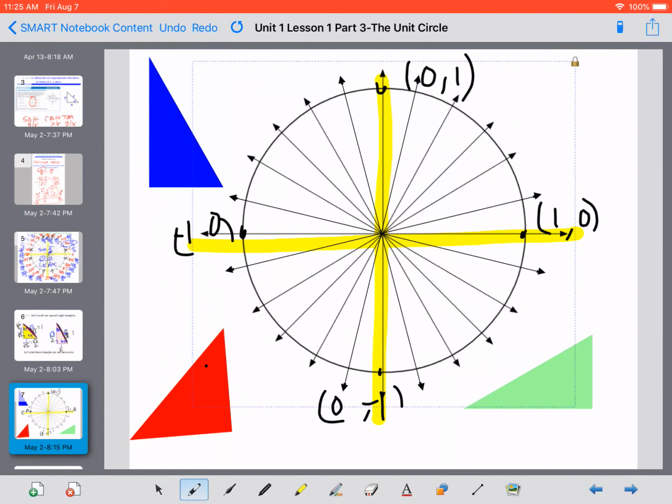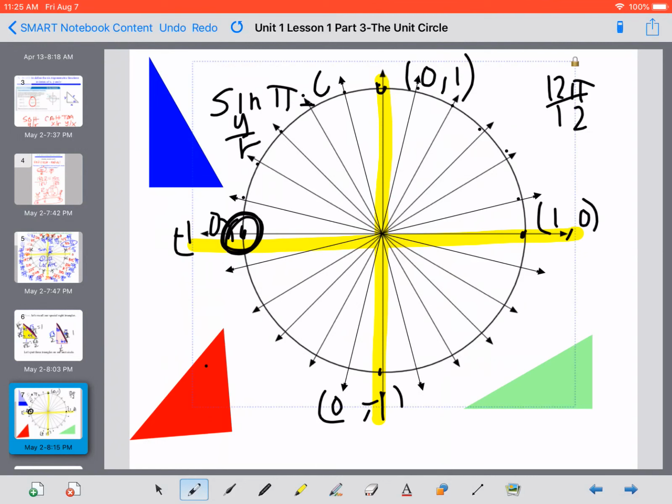So friends, again, let's say that I want you to find the sine of pi. We know that sine is defined as y over r. I have to locate pi. Pi is located right here, but if you weren't sure, pi is 12 pi over 12ths, and I can count 1, 2, 3, 4, 5, 6, 7, 8, 9, 10, 11, 12 to make sure I know where I'm at.